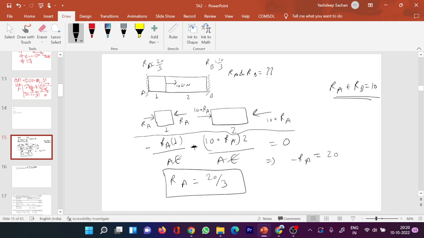So this is L. So we will just simply multiply this 2 RA and RA. It's coming opposite here. So that's what I told.